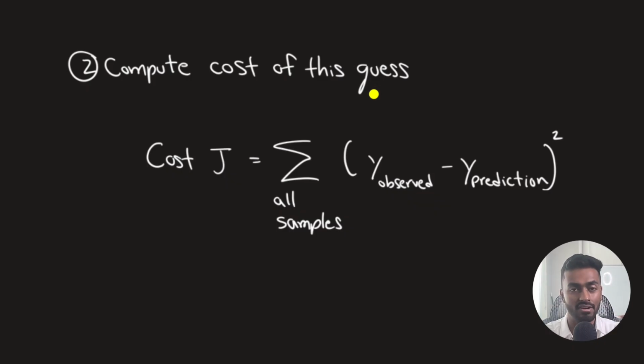Let's just say that the cost would be the error, so the squared error of what we observe as the orbital position to what is predicted by our model for orbital position across all samples.